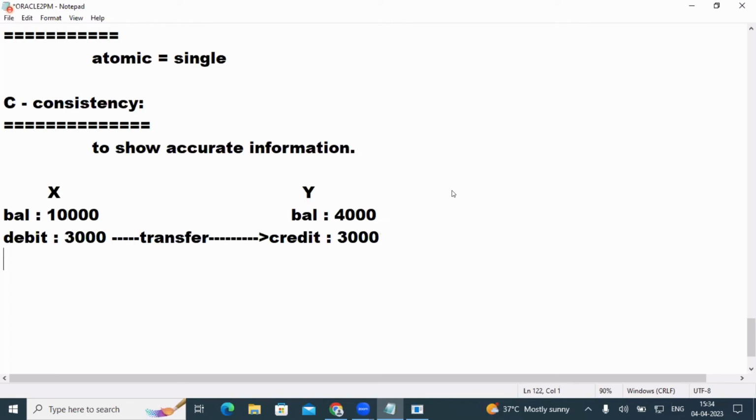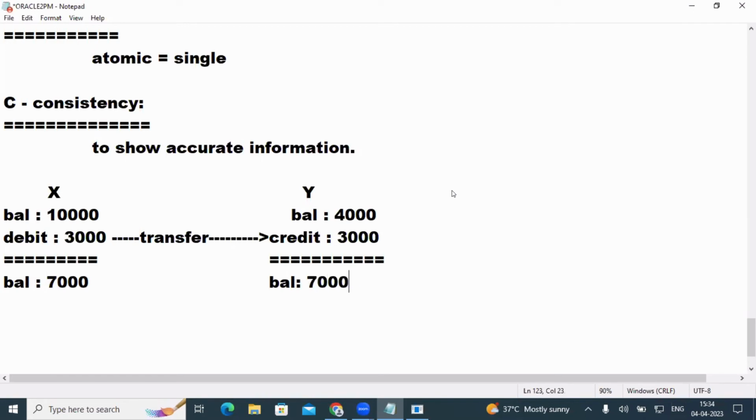Then what is the balance amount of customer X? 10,000 becomes 7,000. What is the balance amount of customer Y?